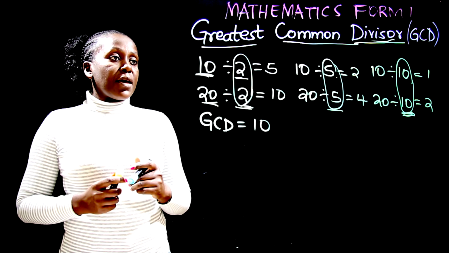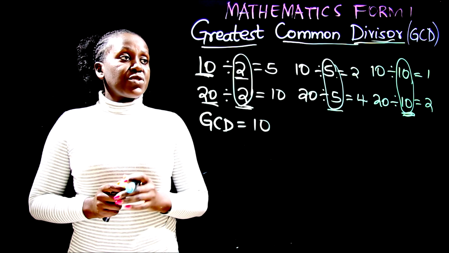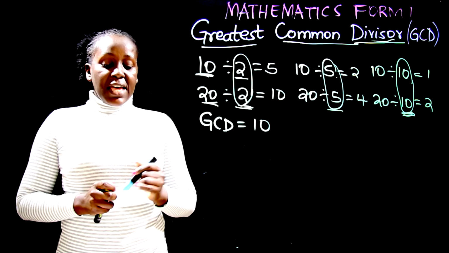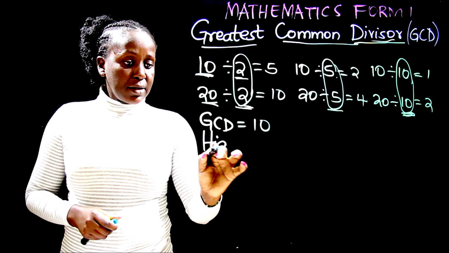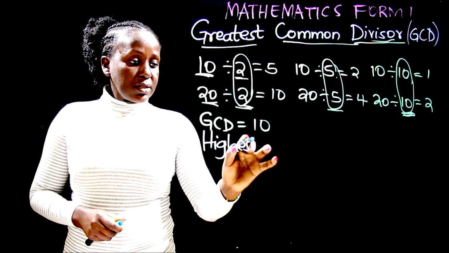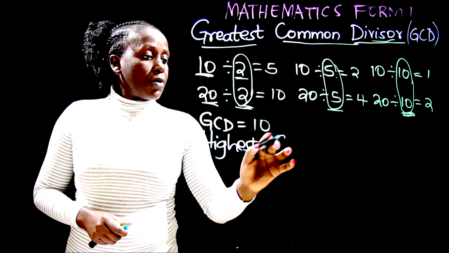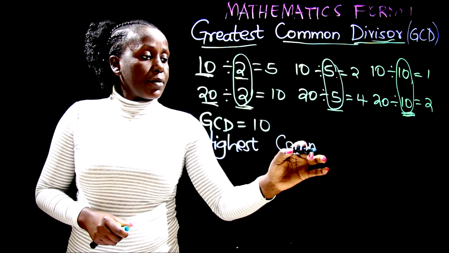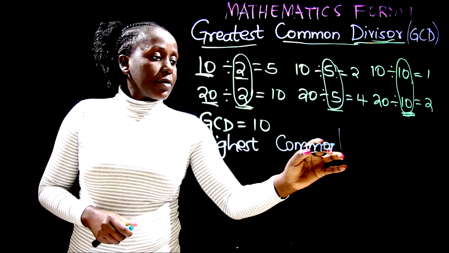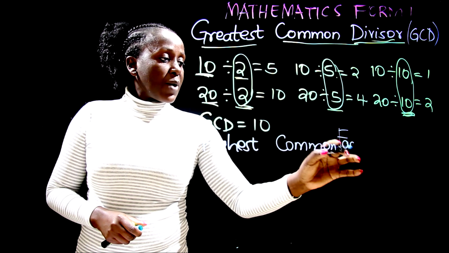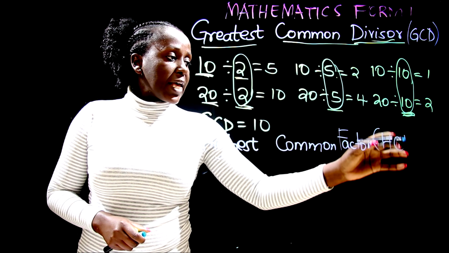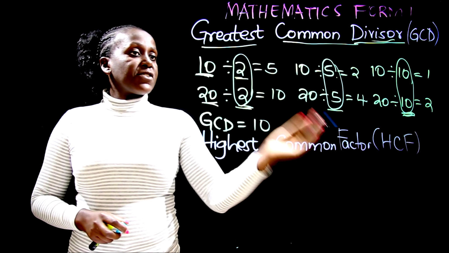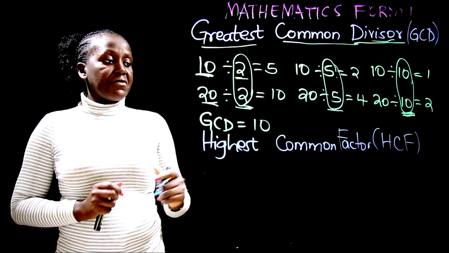Now, there is another name that is used to refer to the greatest common divisor, and that name is the highest common factor. So if you come across this word, which is denoted as the HCF, it also refers to the greatest common divisor.